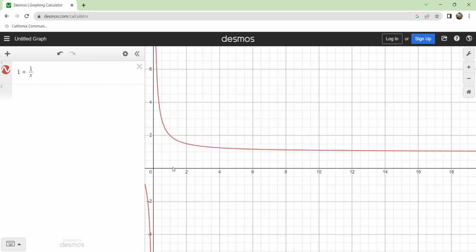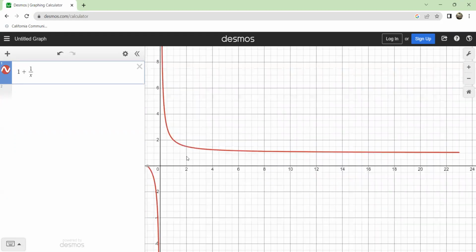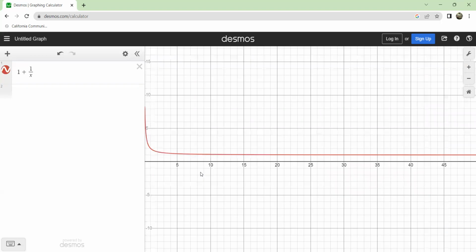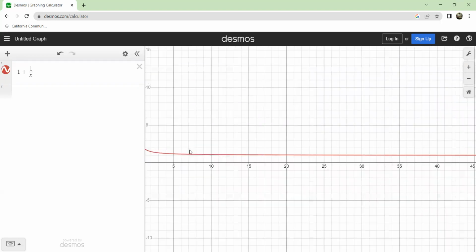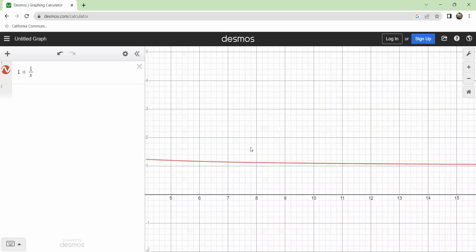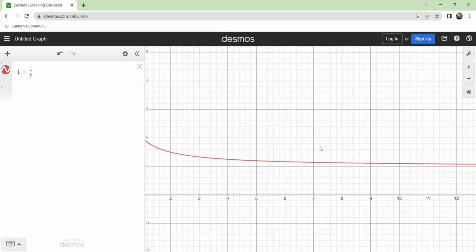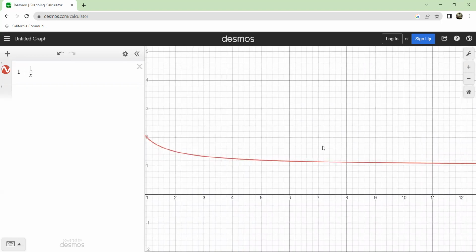When x is equal to 1, when n is equal to 1, you have the maximal value, which is 2. You look at the function from this point to the right. I'm just going to move this a little bit further so we have better visualization of the behavior of this function. Very good. So this is the graph of the sequence in continuous form.